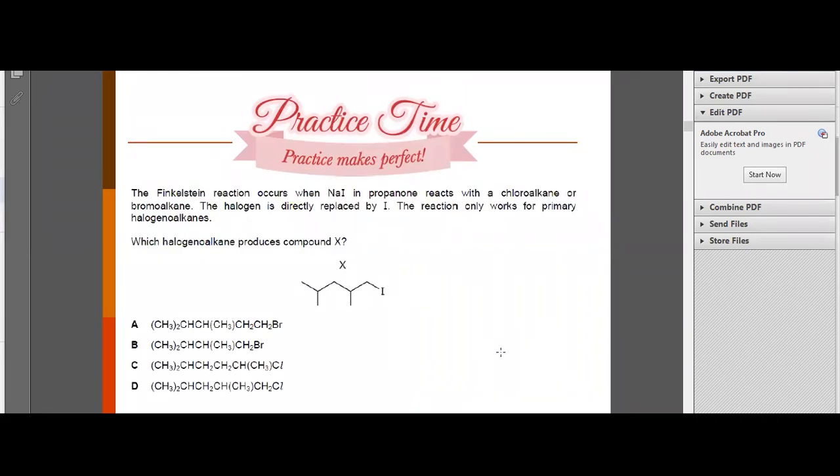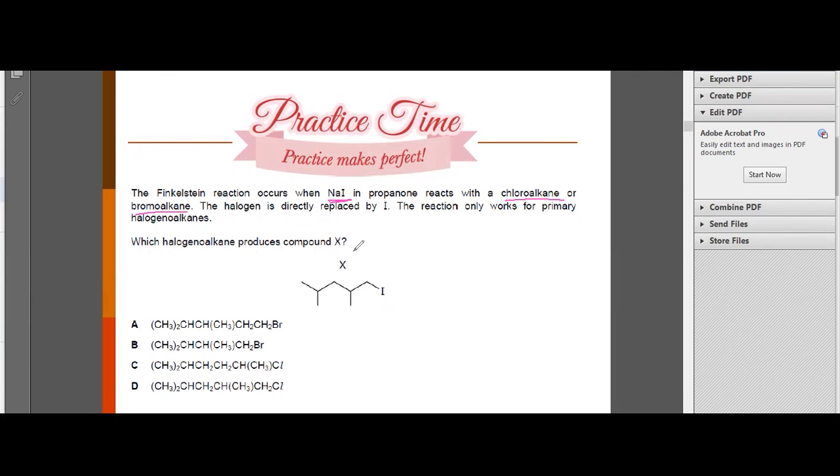Let's answer this. The Finkelstein reaction occurs when NaI in propanol reacts with a chloroalkane or bromoalkane, and the halogen is directly replaced by I. The reaction only works for primary halogenoalkane.